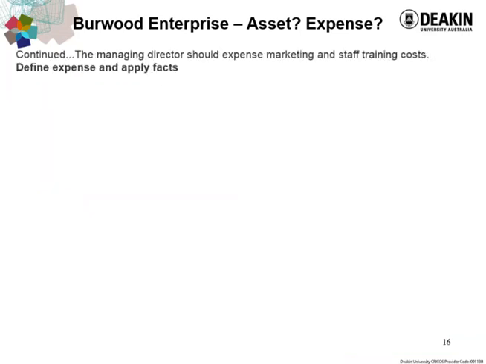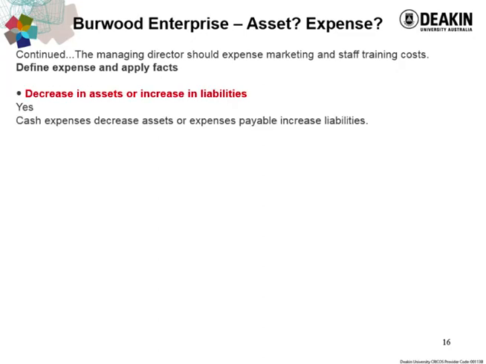So, what will be the appropriate accounting treatment? The marketing and staff training costs should be expense. Here, we need to apply the expense definition and discuss each of them. Is there any decrease in asset or increase in liability? Yes, because when we pay cash for marketing and training, our assets become smaller.